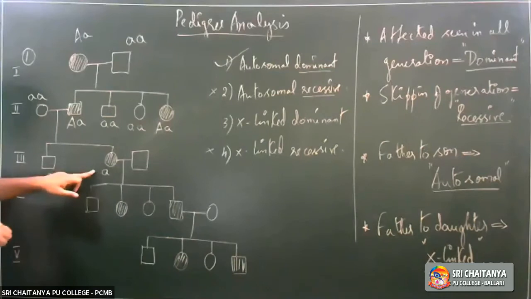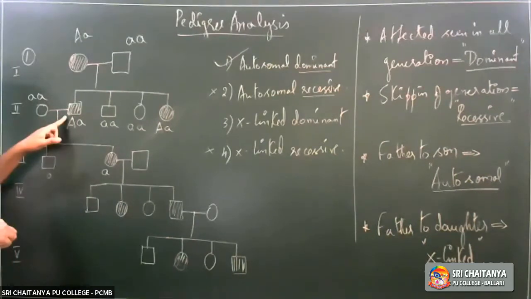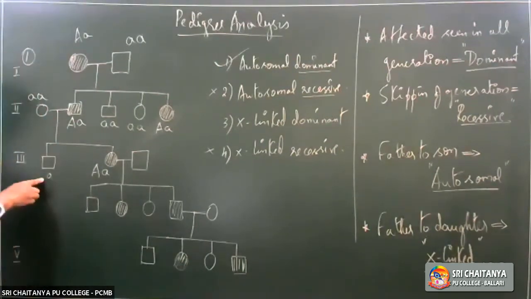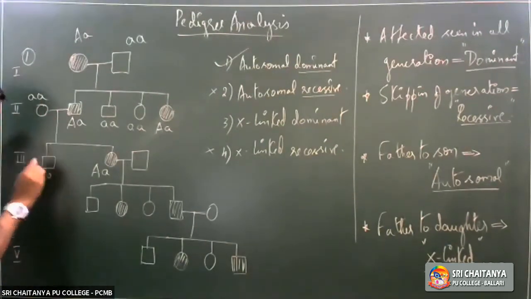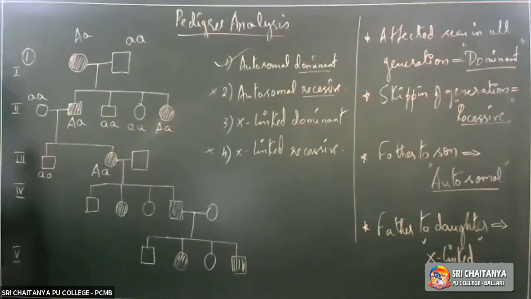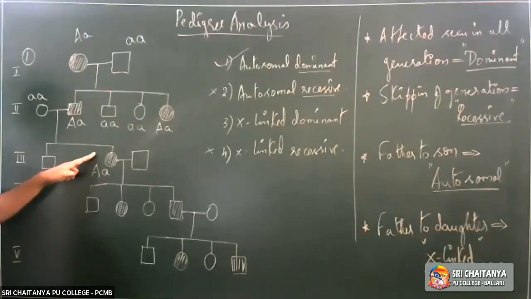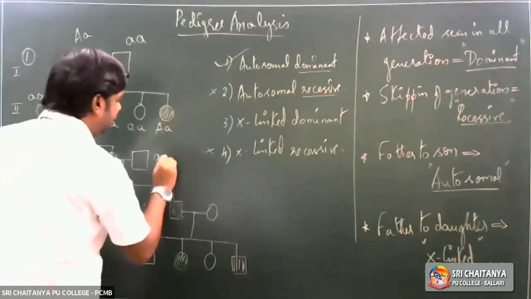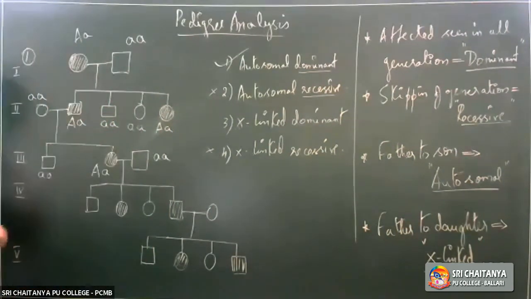Now, the daughter is affected, so definitely the dominant allele should come from the father here. And here a recessive allele comes because the son is normal.